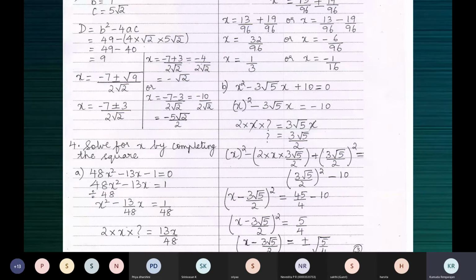Completing the square means we have the p square term, we have plus or minus 2pq, but we don't have the third term plus q square to complete the square, so that we can write it as p plus q the whole square or p minus q the whole square. So we are going to add that q square term to both the sides. That is what solving by completing the square is.